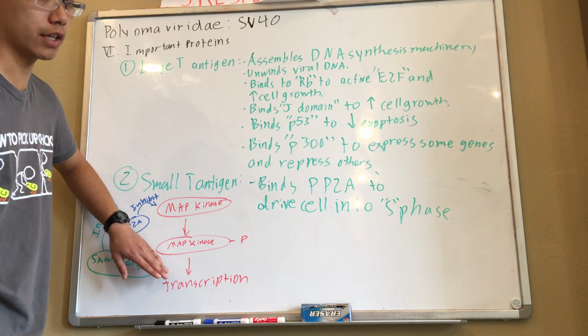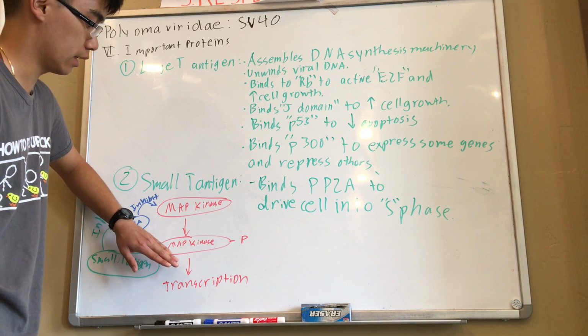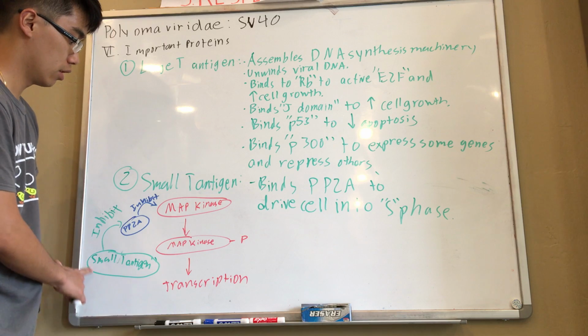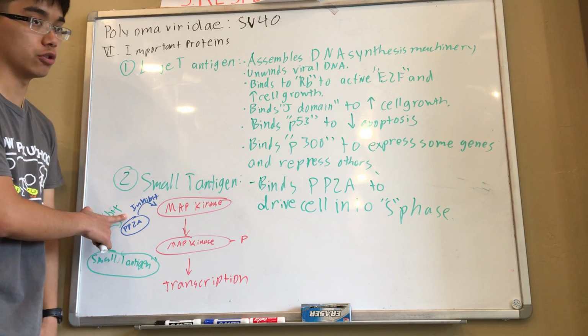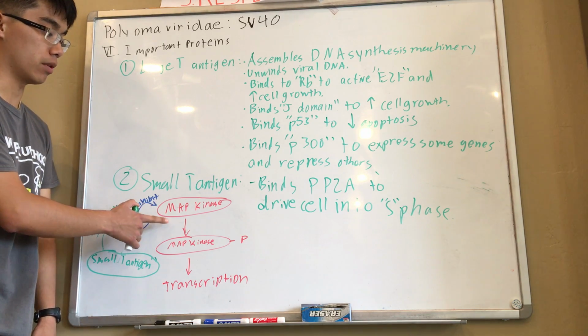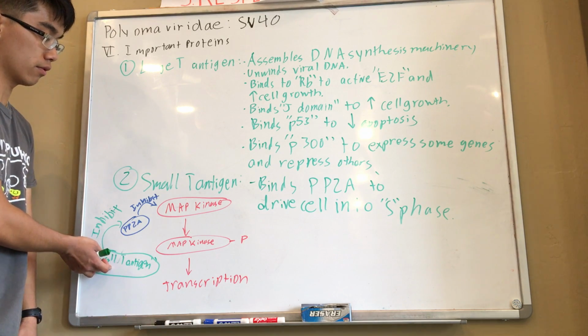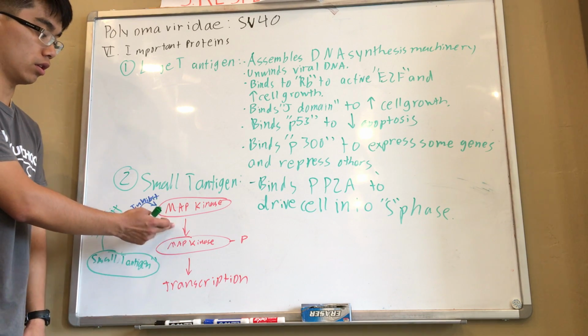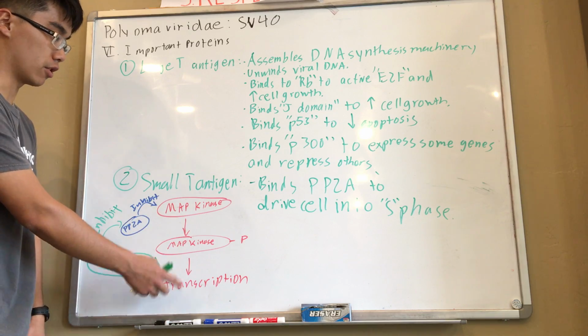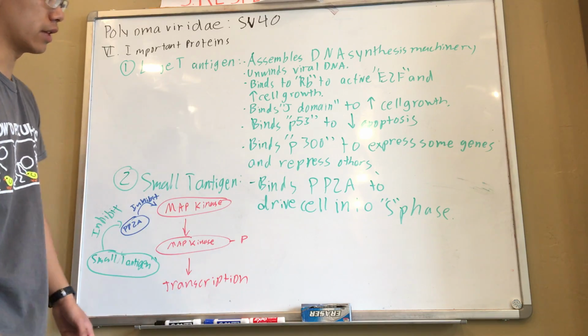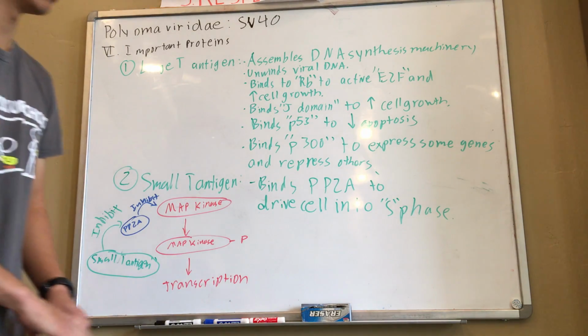What SV40 does is that it uses small T antigen to prevent the PP2A from stopping MAP kinase. So essentially, small T antigen frees MAP kinase to do what it will do. The end result is you drive the cell into synthesis phase.